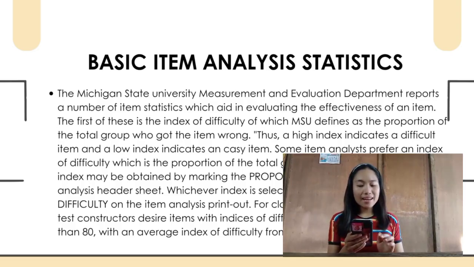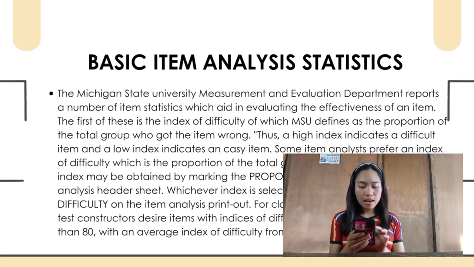Thus, a high index indicates a difficult item and a low index indicates an easy item. Some item analyses prefer an index of difficulty, which is the proportion of the total group who got an item right.